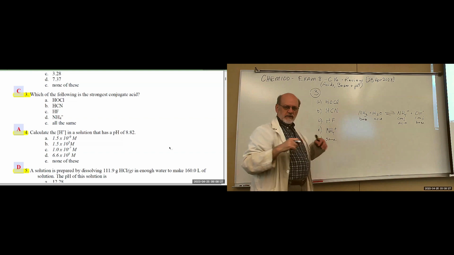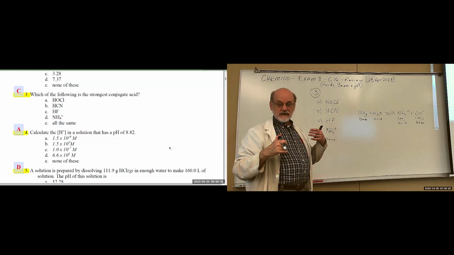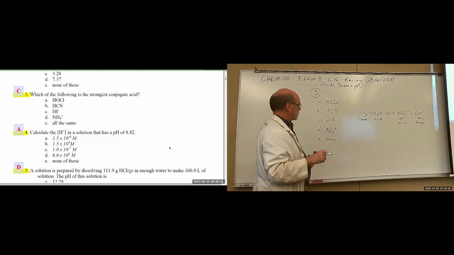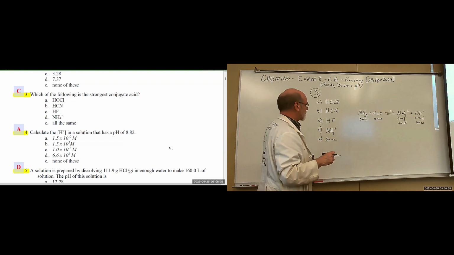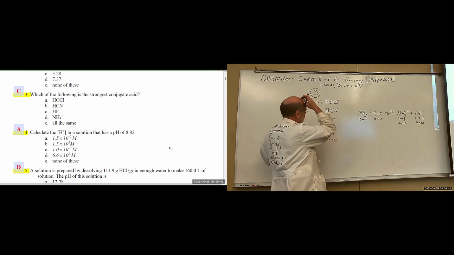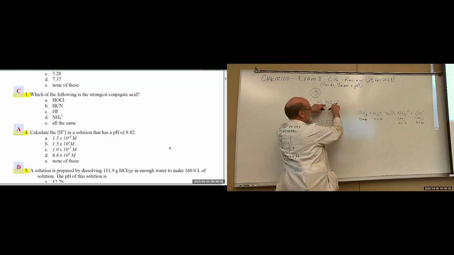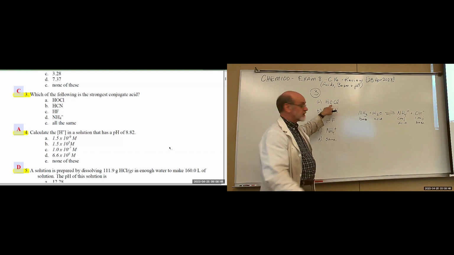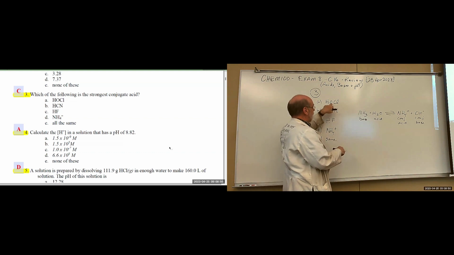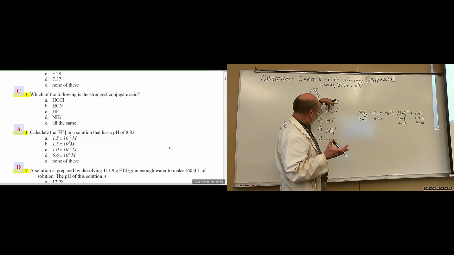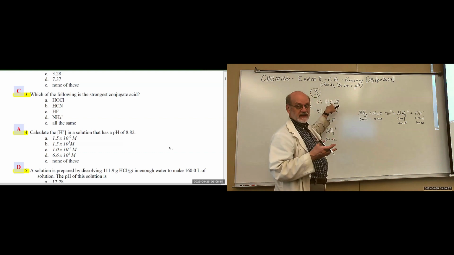So, which one is actually the strongest acid? Well, let's see. I was going to name them first. This one is the hypochlorite ion. Remember, with oxygen, we don't say hydro in the beginning.